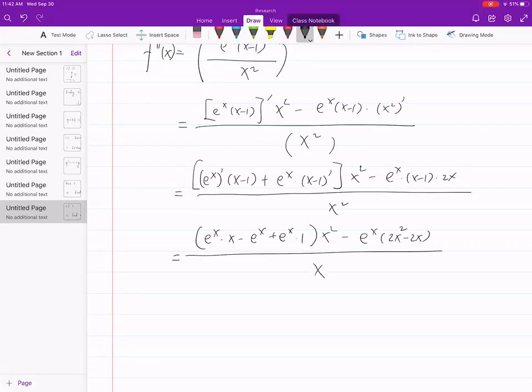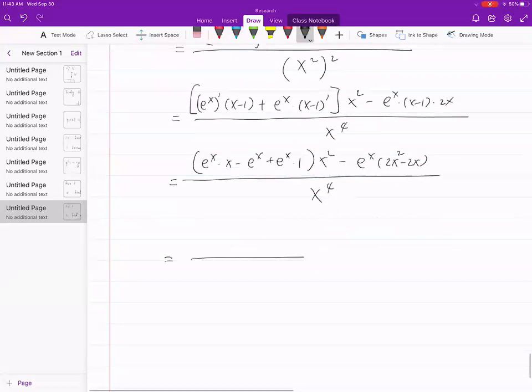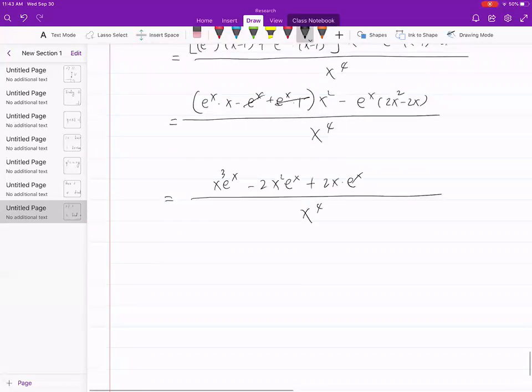You need to square this. x e to the x, cancel, times x cubed, that's this. Common factor. And then finally they cancel.